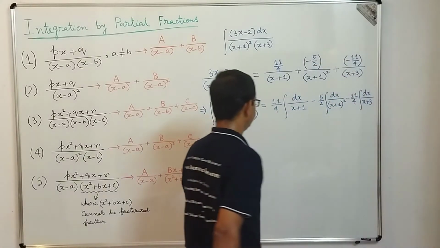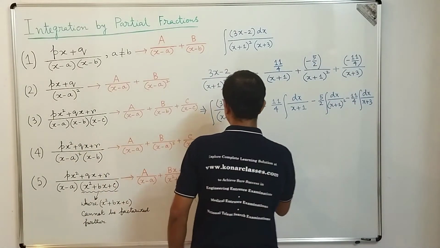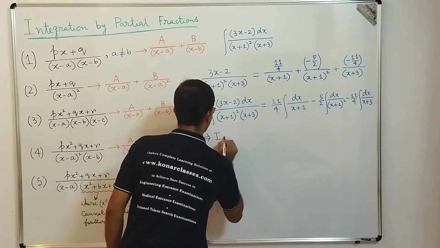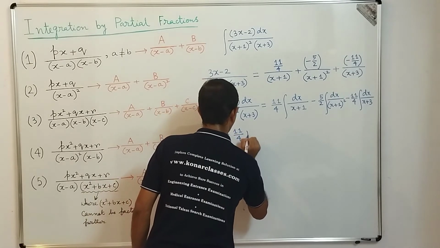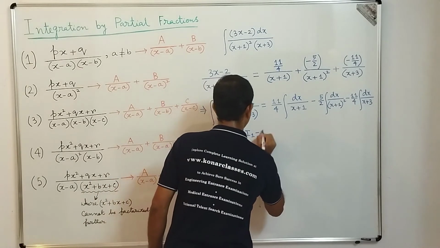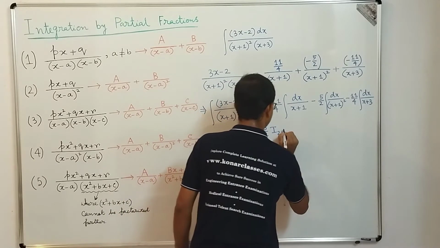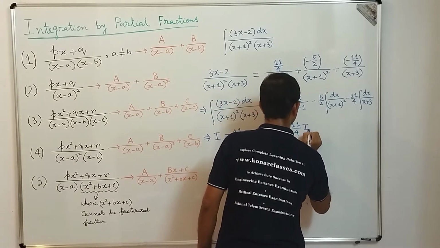(x plus 3). So now dear students, if we take the given integration as I, then what we get? I is equal to 11 by 4 into I1 minus 5 by 2 into I2 plus minus 11 by 4 into I3.